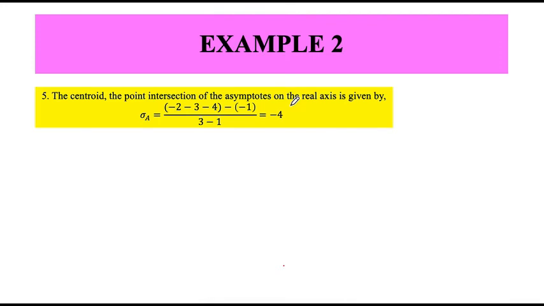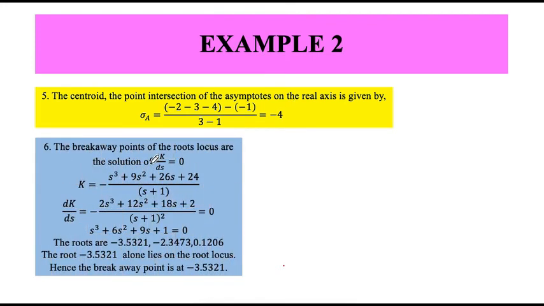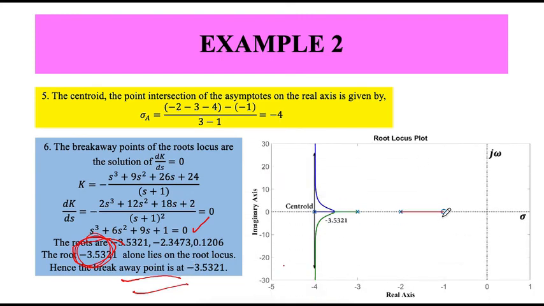And how can I calculate my breakaway point? I will keep dk by ds equal to 0. In my equation I will calculate the roots, and the root which lies on the root locus will be my breakaway point. So I will just draw it once. This is my -1, this is my pole. I will just repeat. On this side nothing is there, so that is not part of the root locus. On this side of the point I am having 1 zero, so this is part of the root locus.